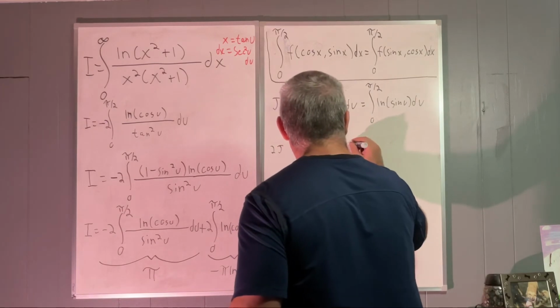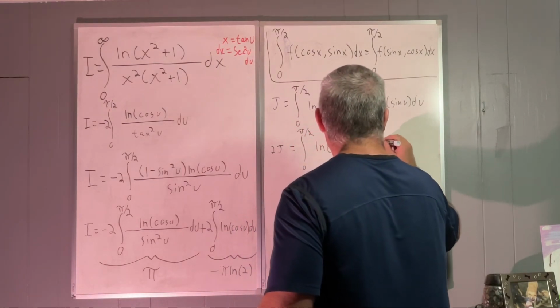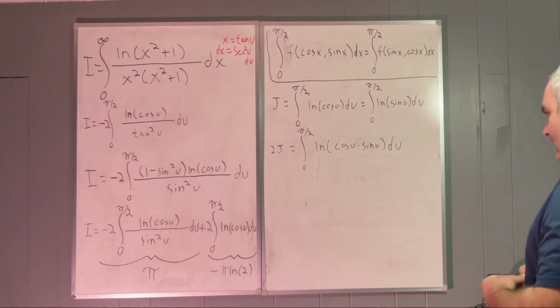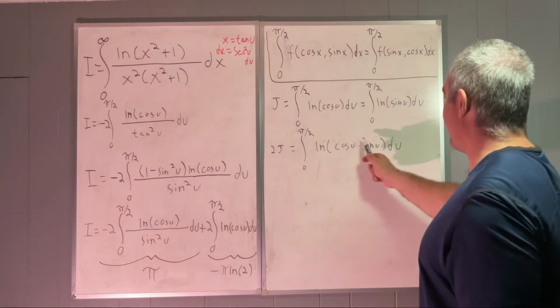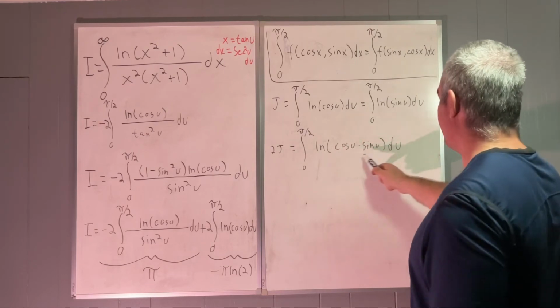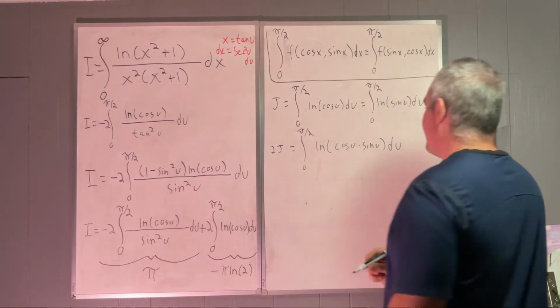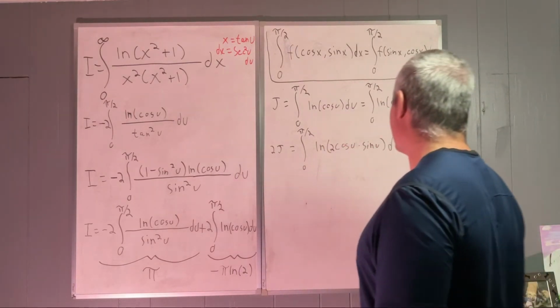So we get cosine u times sine u du. How did that help us? Well, we almost have a double angle right there. What we need to do to make it a double angle is put a 2 right there.